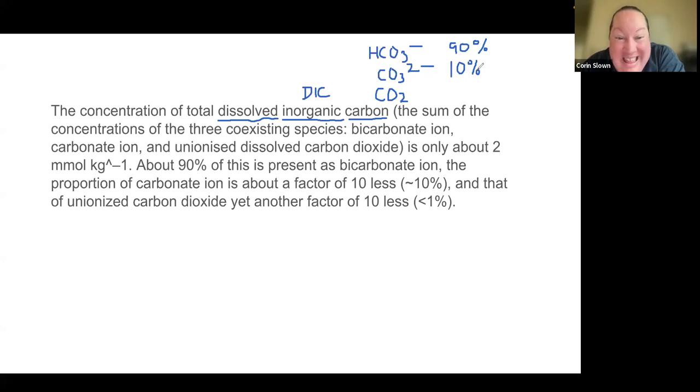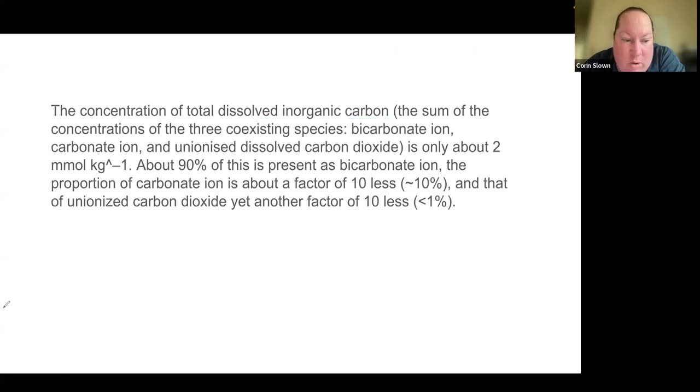And then less than 1% is our carbon dioxide. And the reason this is going to matter is because we're going to talk about dynamic equilibrium. Each of these species or chemical components plays a critical role. So let's talk a little bit more about what that role is.